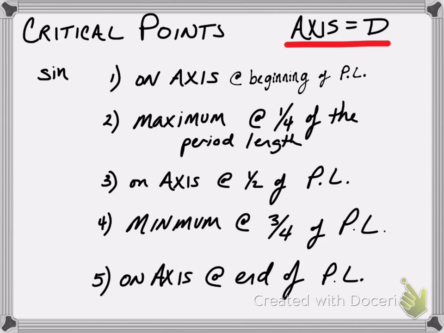The second point, there's a maximum at 1/4 of the period length. So you take the period length times 1/4 to get the second critical point. The third one is on the axis at half of the period length. There's a minimum at 3/4 of the period length. And the last one is on the axis at the end of the period length.